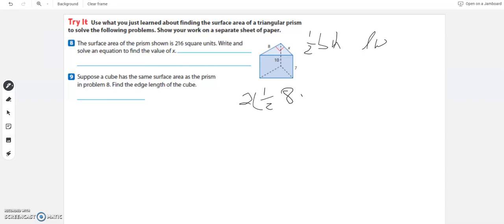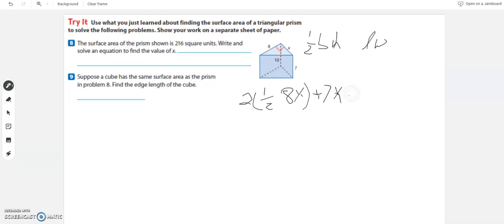8x. We're going to add to that. We've got this rectangle back here, which is the height times the width, or length times the width, which is 7x. Then we've got this other rectangle back here, which would be this side is 8 and this is 7.